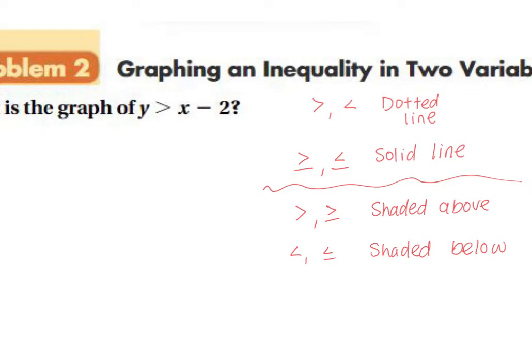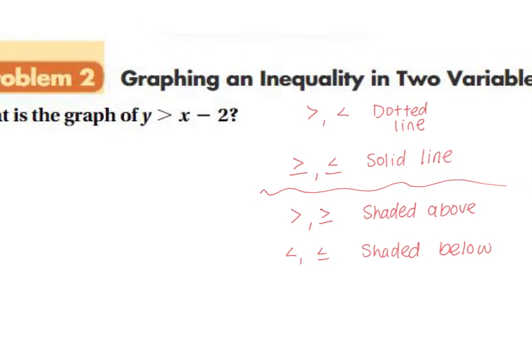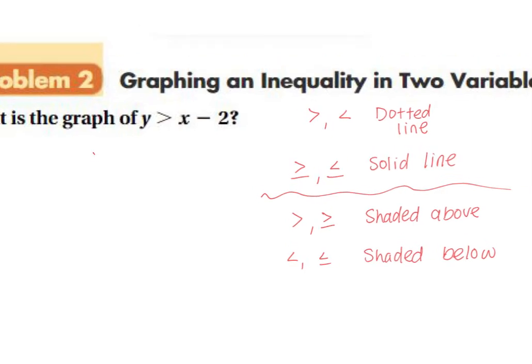Okay. So how this works, what we're going to do is treat this y is greater than x minus 2 as y equals x minus 2, okay? This equation is in slope-intercept form. What's my slope, Brooke?